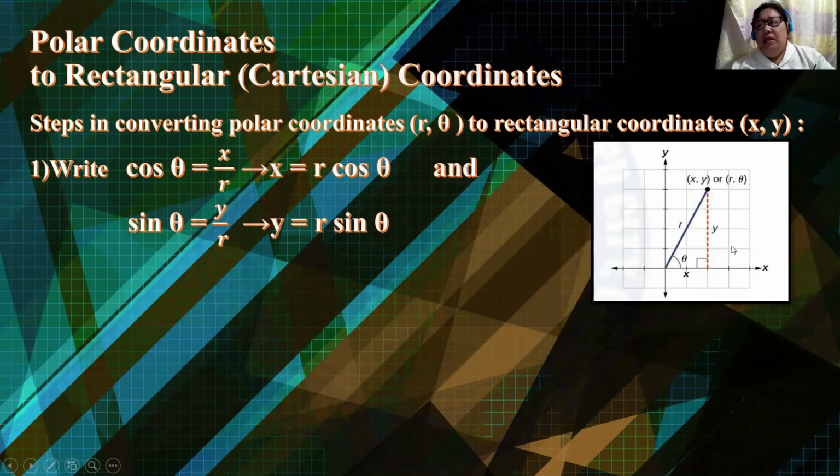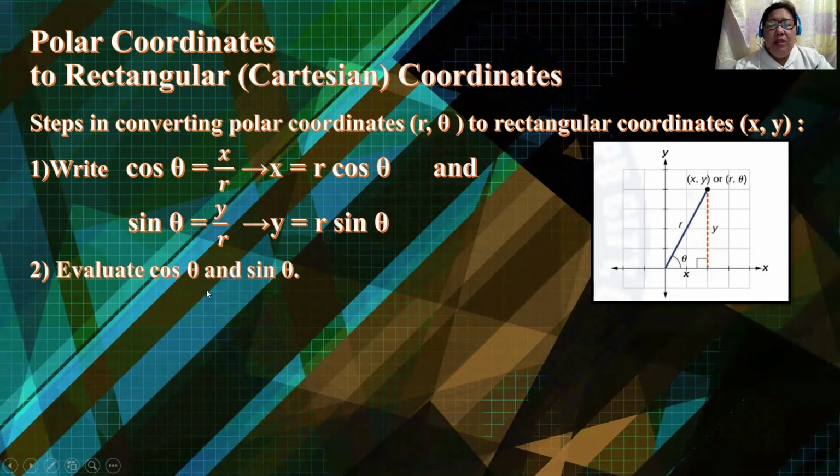In this figure, this is the rectangular coordinate system. This point with coordinates (x, y) can also be considered as a point with coordinates (r, theta). This one is the representation of rectangular coordinates, while this is the representation of the polar coordinates.